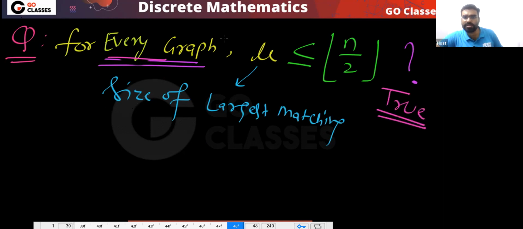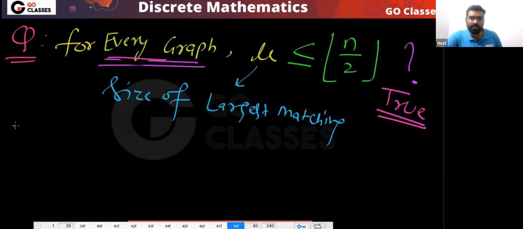But why is this statement true? Tell me why. Yes, because every edge will cover how many vertices? Exactly 2 vertices. In the matching, every edge will cover exactly 2 unique vertices.